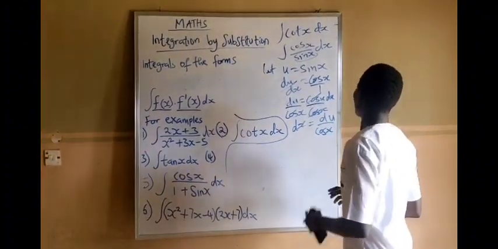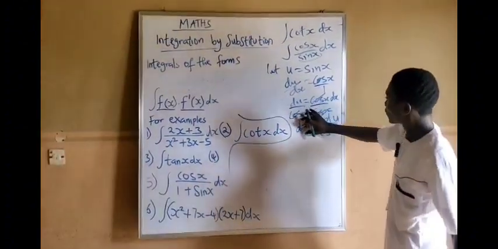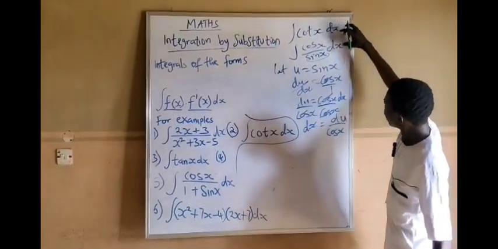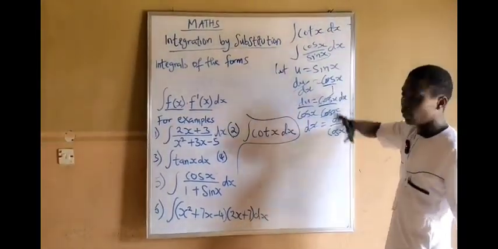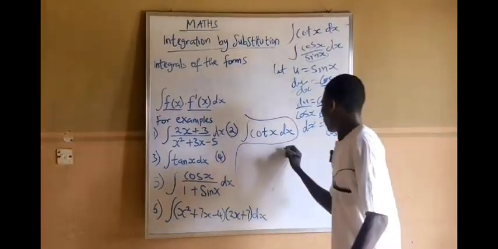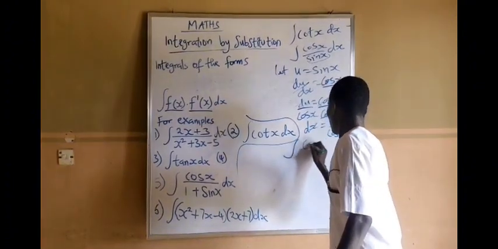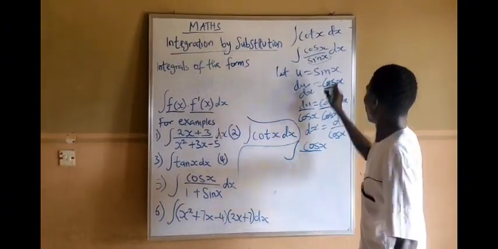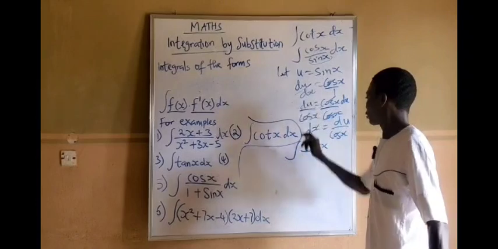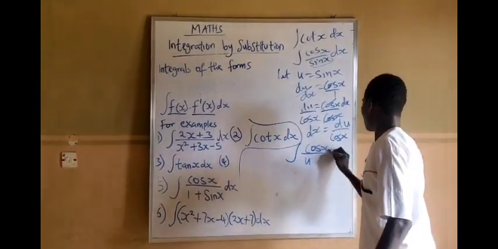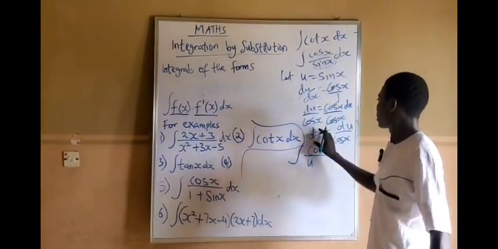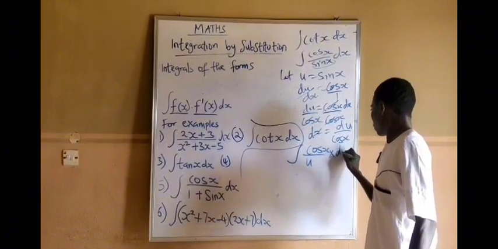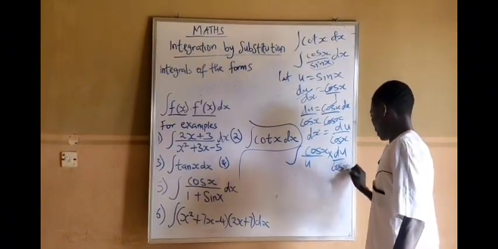All right. So now I want to substitute this dx back into our normal question. So we have cos x over, mind you that we have replaced this sine x to be u, times dx. What's our dx? From this place, we have dx equals to du over cos x.